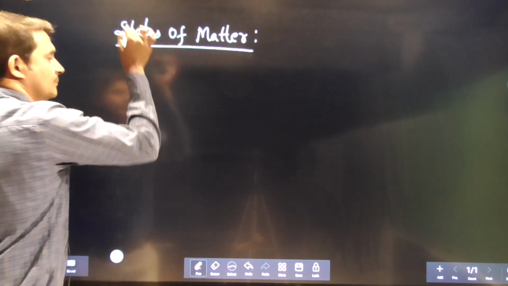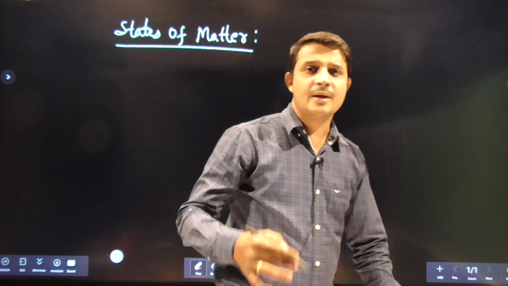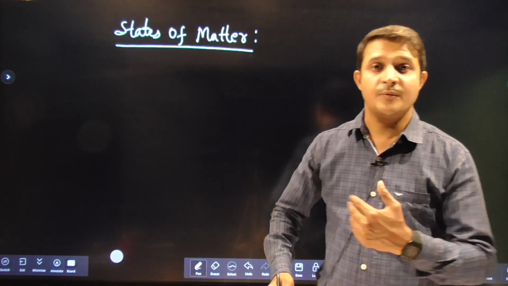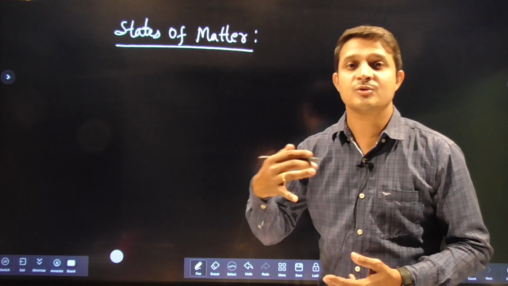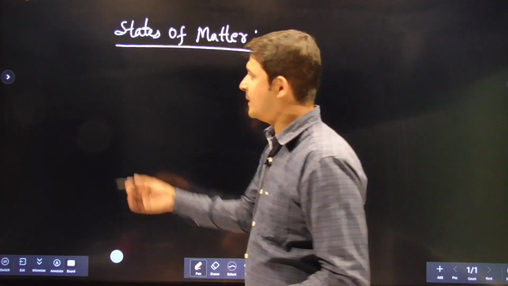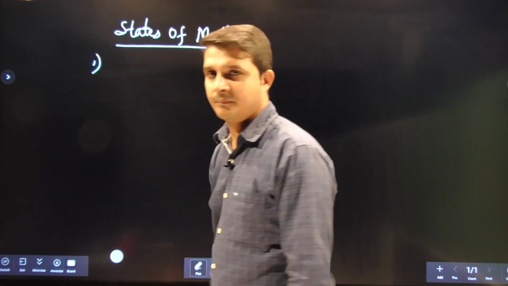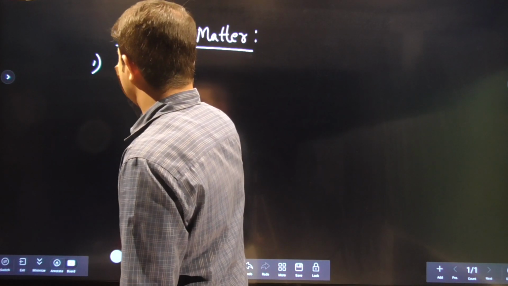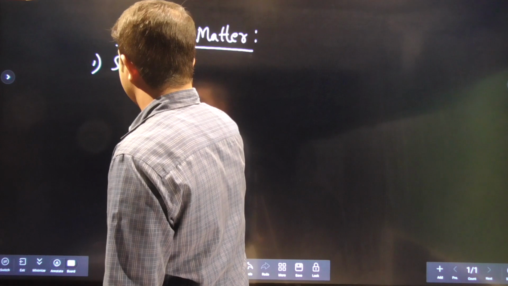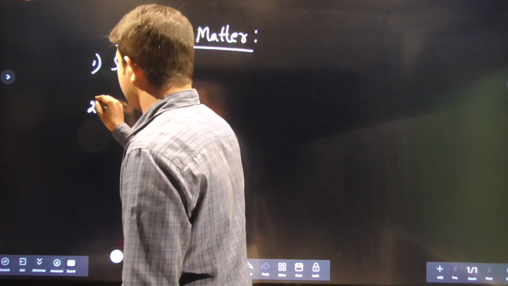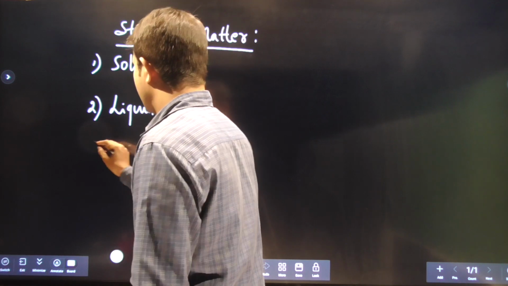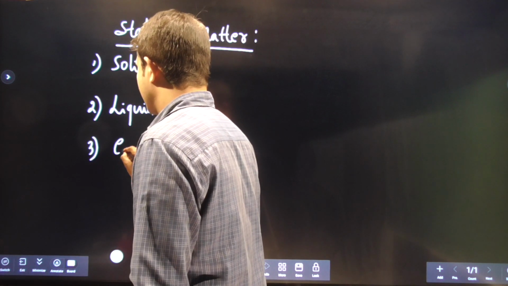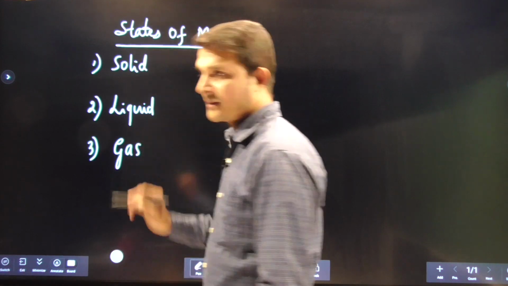So in which states do we observe this matter? Okay, in nature, in which states is matter found? So there are 3 major states of matter. They are, first one, solid, second one, liquid, and the third one, gas.